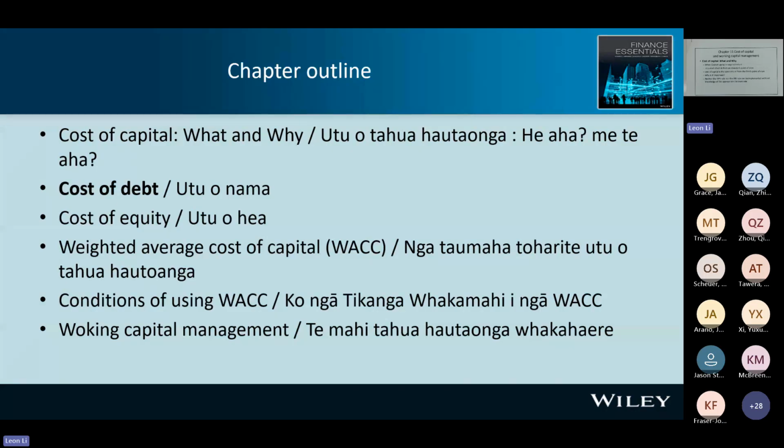And cost to the company is a return to the investor. So in the following discussion, we are going to show you how to calculate the cost of debt and the cost of equity. Again, the point is cost is return. Right? Cost to the company is return to the investor.